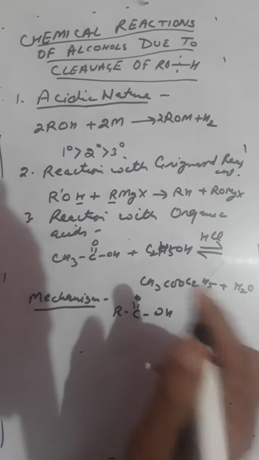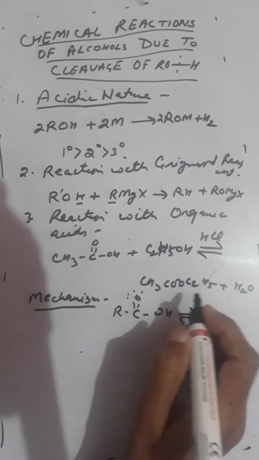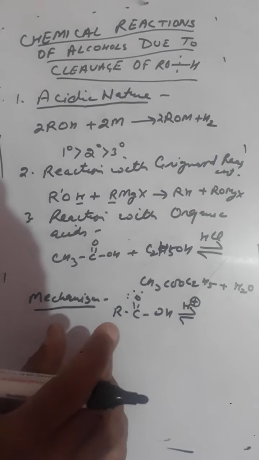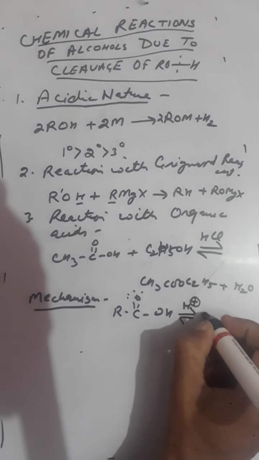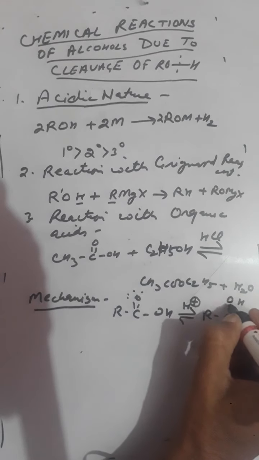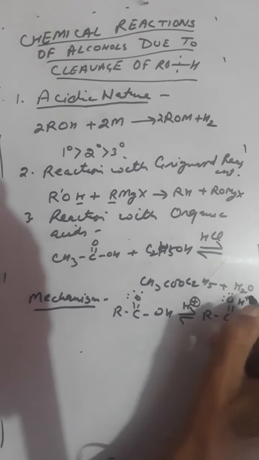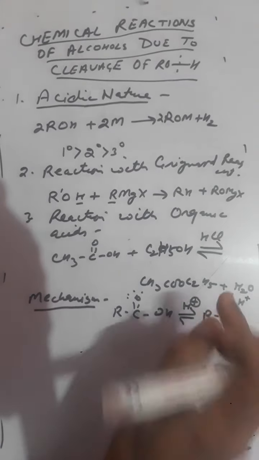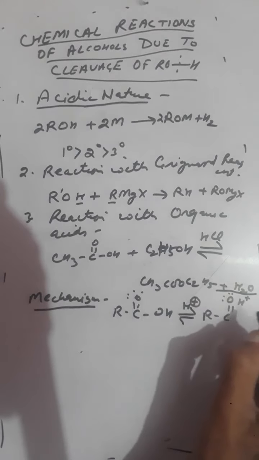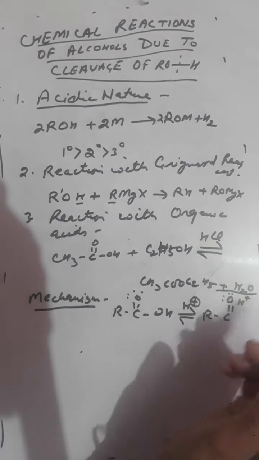This is your acid, and protons from the acid will be attracted towards the oxygen, which has more electronegativity and so more electron density near it. They will come and sit near this oxygen.